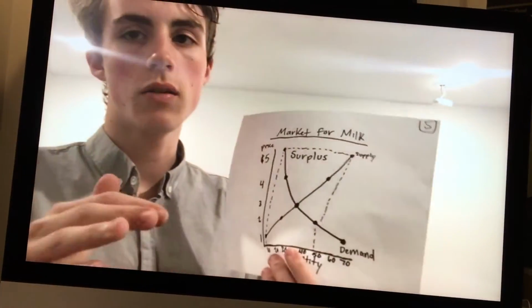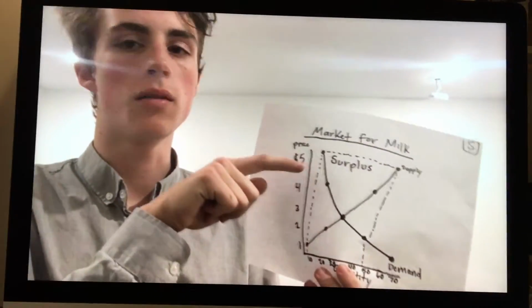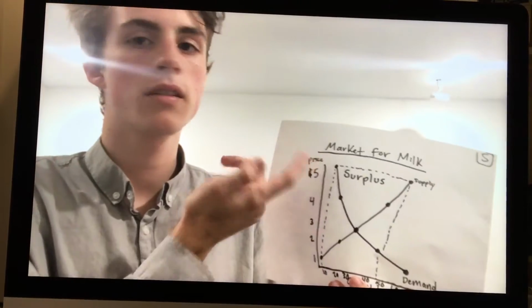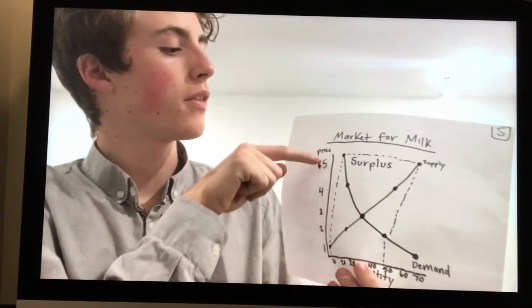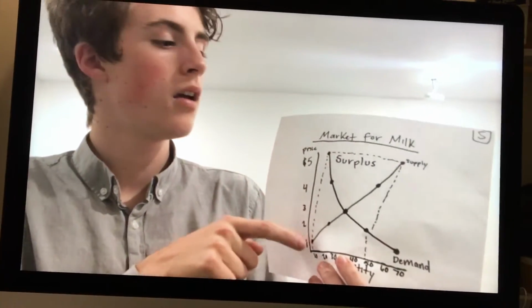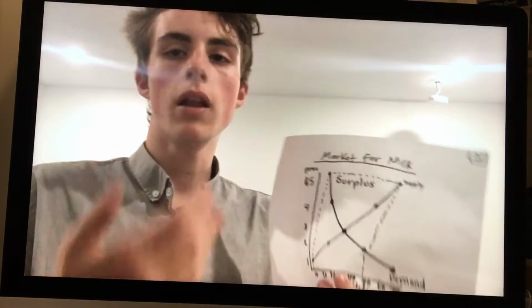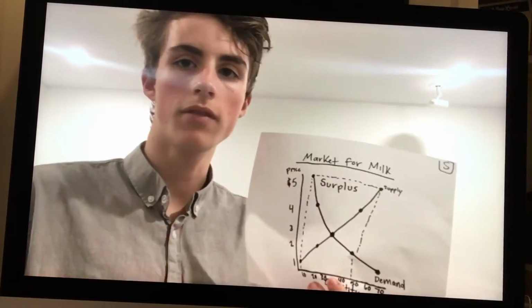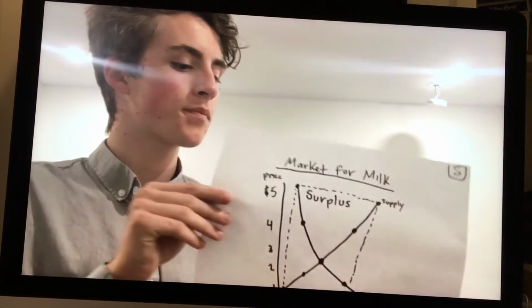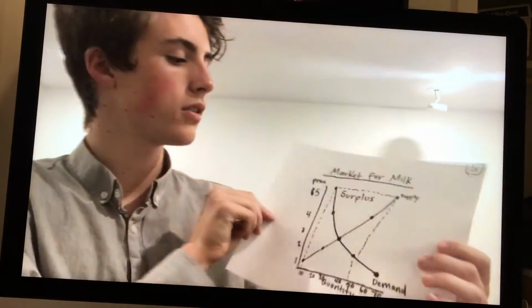But this isn't always the case, and sometimes the price is jacked up to, say, $5. So, when the price is $5, the demand is extremely low, but the supply is very high because suppliers of milk want to make profit. So this whole area is an area of surplus of milk.